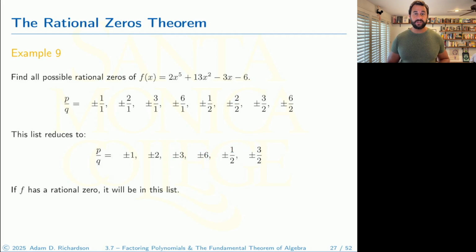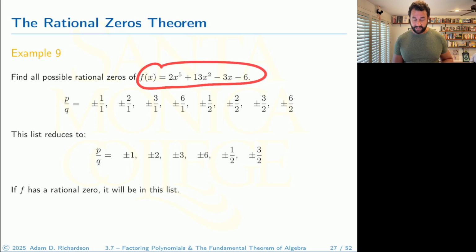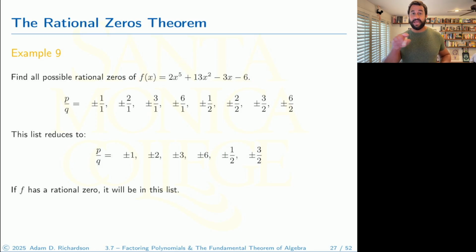What the rational zeros theorem guarantees is that if this function has a rational zero, meaning if one of the x-intercepts is a rational number, then it has to be in that list. So we've limited the number of possible rational zeros quite a lot.